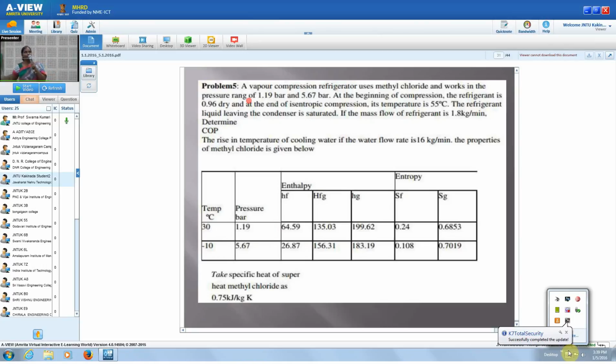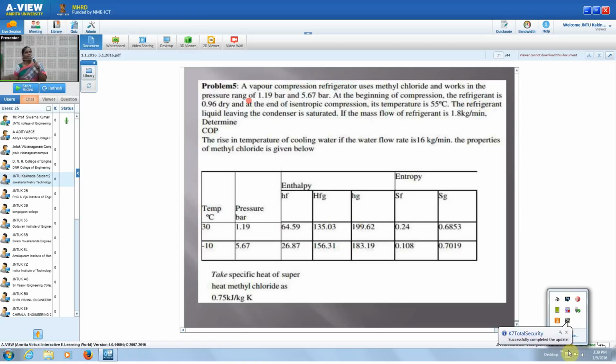If the mass flow of refrigerant is 1.8 kg per minute, determine the COP and the rise in temperature of cooling water, if the water flow rate is 16 kg per minute. In the condenser, cooling water is used. So you have to find the rise in temperature of cooling water for the mass flow rate of 16 kg per minute.